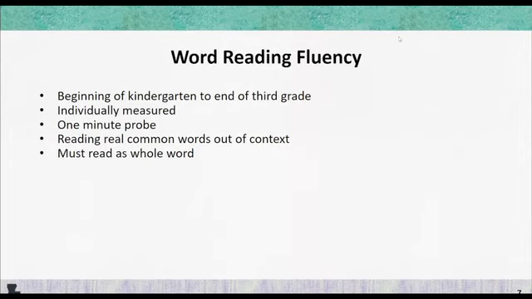In word reading fluency, students are presented with a sheet of paper with real words and asked to verbally produce the whole word. Students must blend words to receive credit. In contrast to nonsense word fluency, no credit is given for individual letter sounds. Students are given 1 minute to read as many words as they can, and the final score is the number of words read correctly within 1 minute.